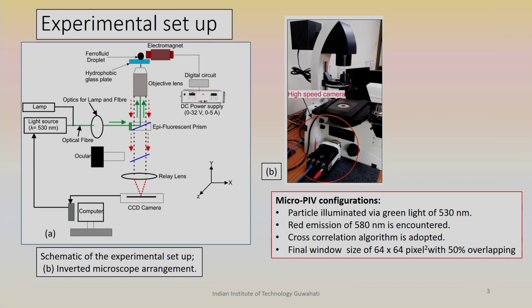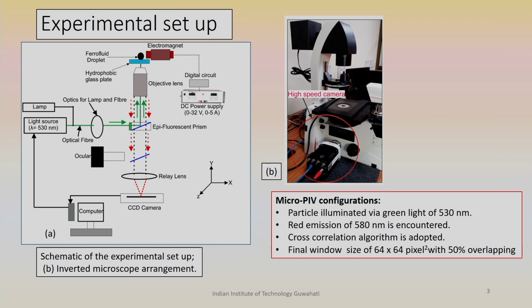This is the schematic setup where we can see the micro PIV arrangement. In fact, we have discussed in detail in the last class the micro PIV setup, and the different components associated with it.